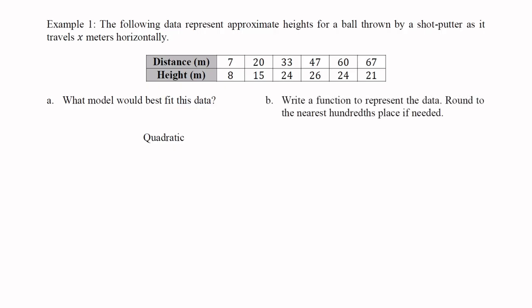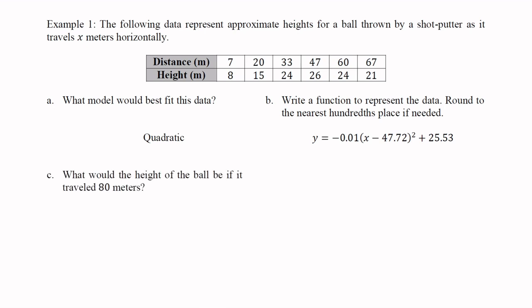Then you're going to write the function to represent the data, taking the values that are given to you by Desmos and rounding to the nearest hundredths place if needed. So this is the equation that you would get. Your a is negative 0.01, your h is 47.72, and your k is 25.53.